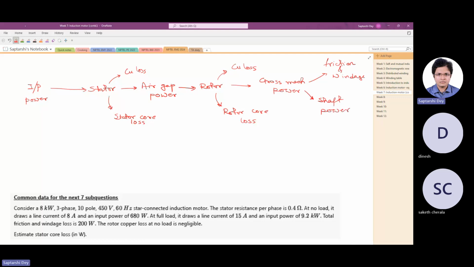So here is basically the air gap isolation. The first problem is based on these concepts only.